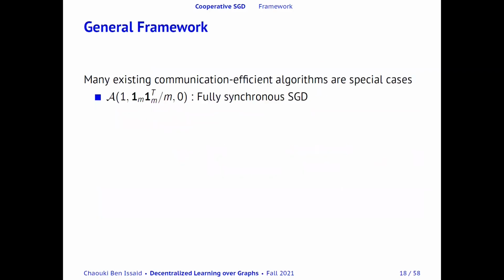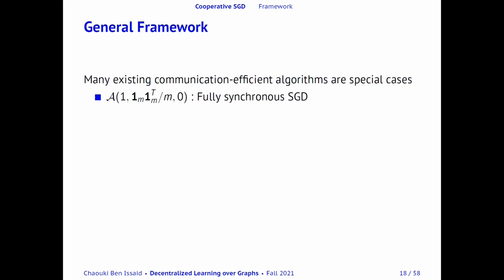Now we show how many existing communication efficient algorithms are special cases of the general cooperative SGD framework. In fact, if we set tau equal to 1, fix the mixing matrix W equal to 1 times 1 transpose over m, and set nu equal to 0, that is, the number of auxiliary variables is 0, then we get the fully synchronous SGD.